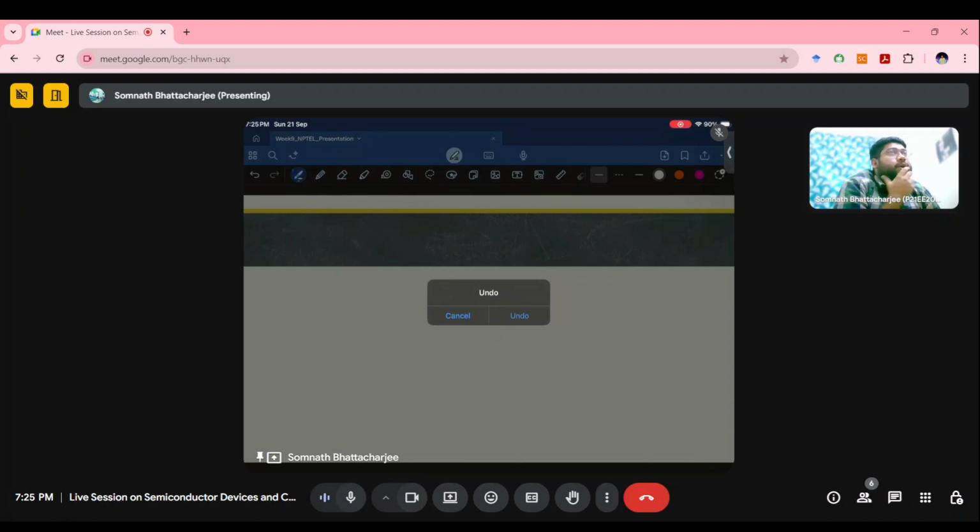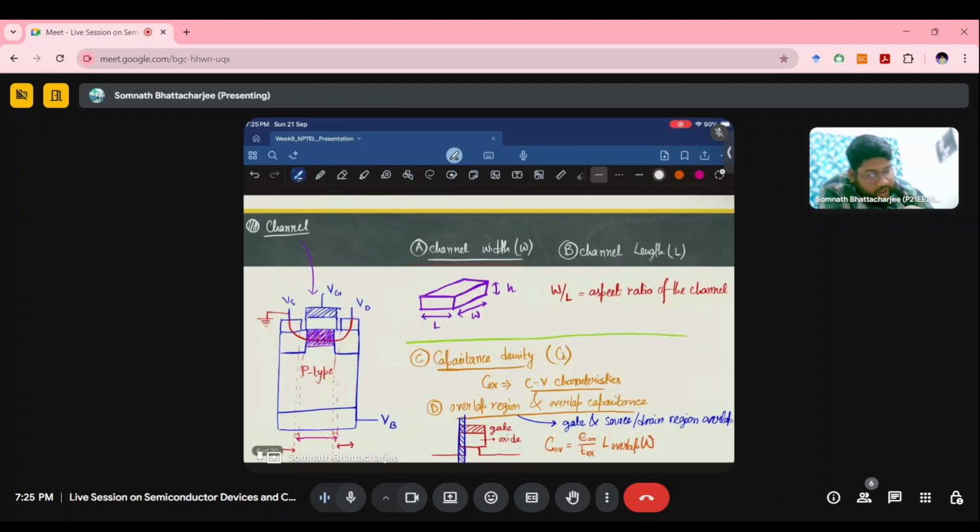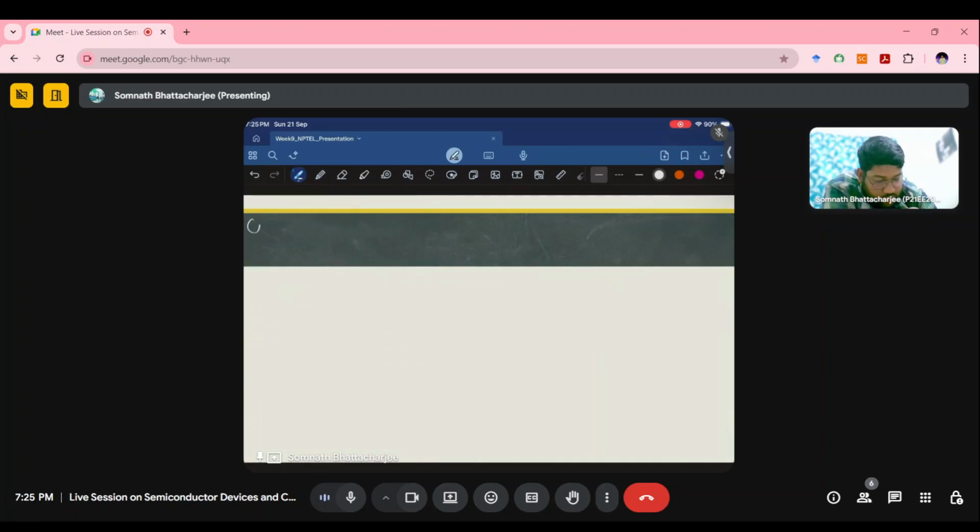Apart from this, before going to the other parameters, we also need to know the symbol of MOSFETs.